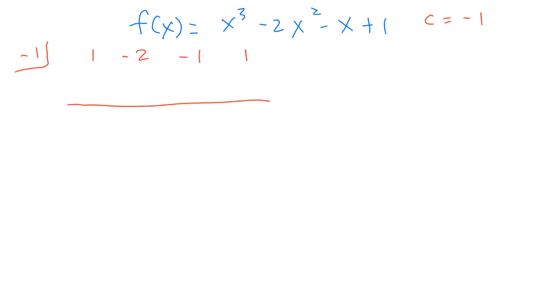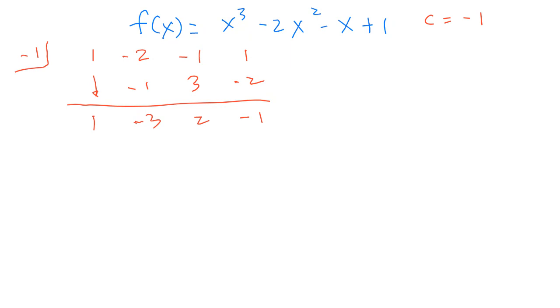And then we bring down 1. So 1 times negative 1 is negative 1. Adding this, it's a negative 3. Multiplying negative 3 times negative 1, that would be a 3. Place it here. Adding this, it gives you a positive 2. Multiplying 2 times negative 1, it's a negative 2. Adding this, it gives you a negative 1.